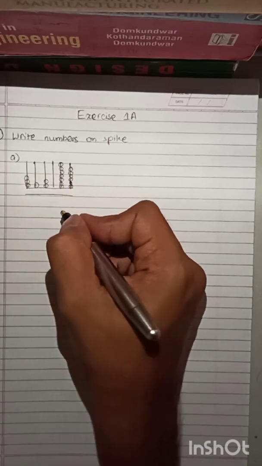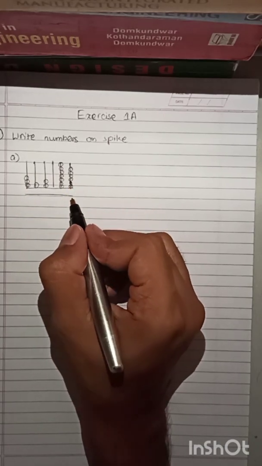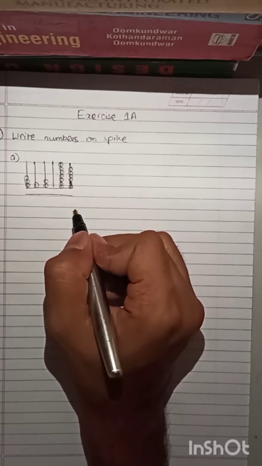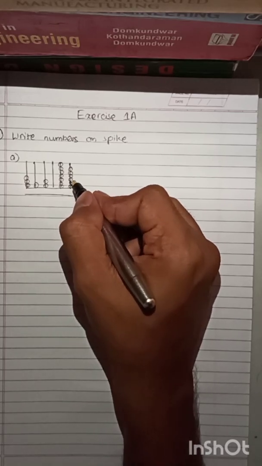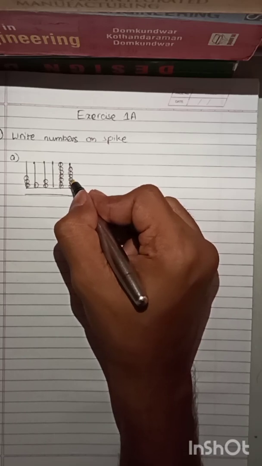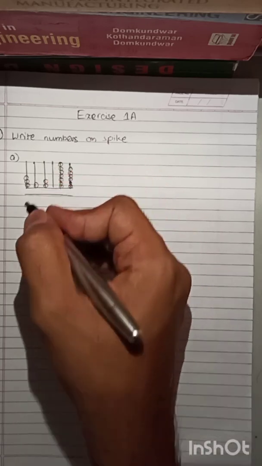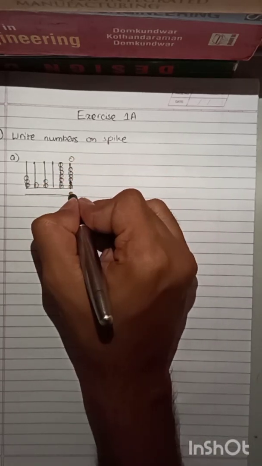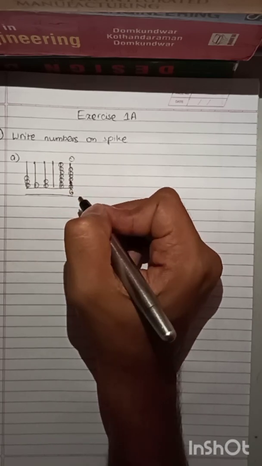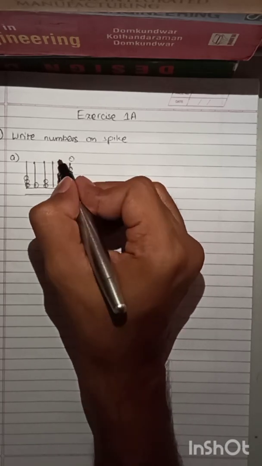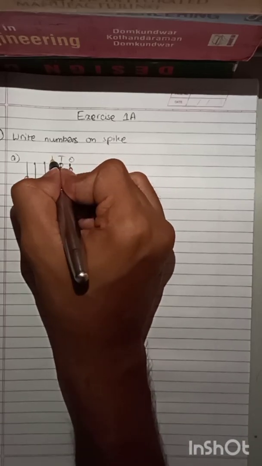Now they have asked us to write this in form of numbers. So now here I have 6 beads, 1, 2, 3, 4, 5, 6. So on ones place my number comes as 6. Now here I have 7 beads.